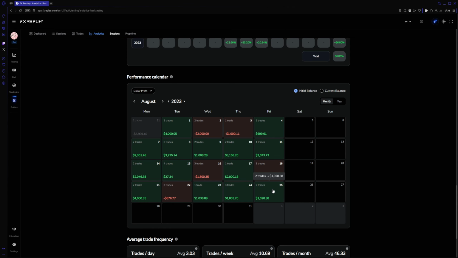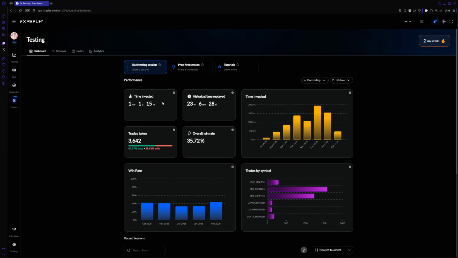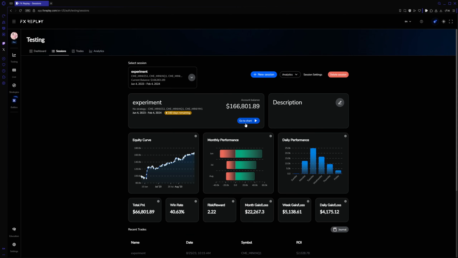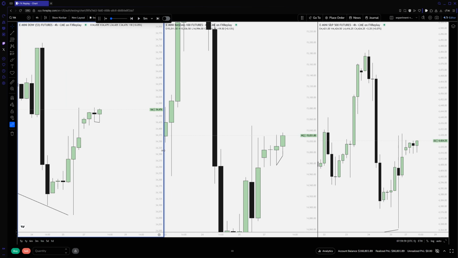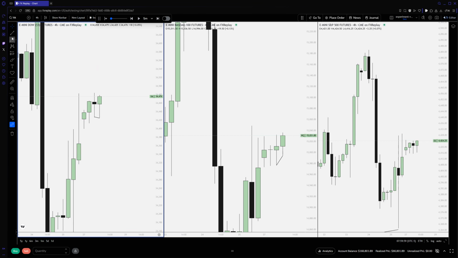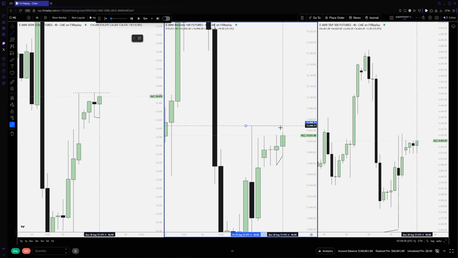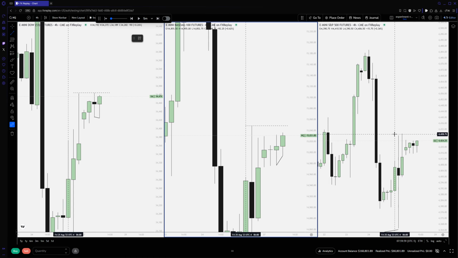This was a loss and a win. So I have a lot of those where I'm getting in too late on the first trade, and then I'm getting in a little bit earlier when the trade is actually being played out. So I have a timing issue, which is also an execution issue. So I'm trying to work on that.